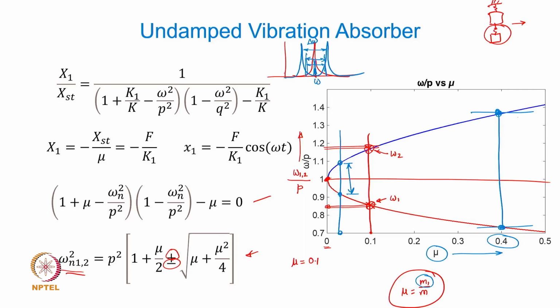Okay. So therefore this mu is actually selected so that you have a reasonable operating speed range, while ensuring that the attached vibration absorber is not heavy enough. Okay. So it should be as light as possible.